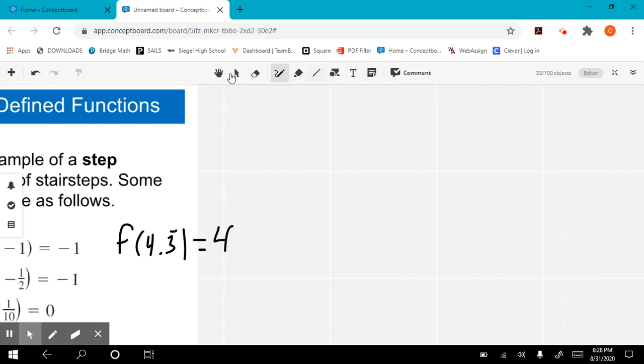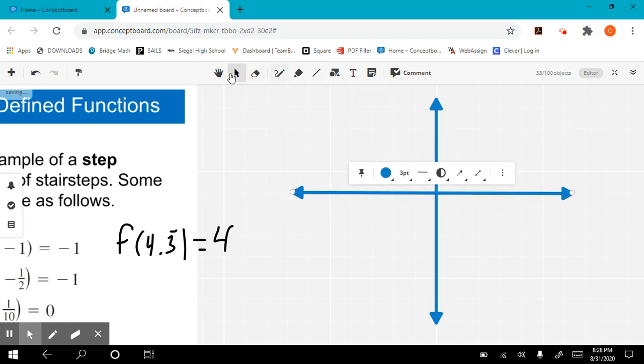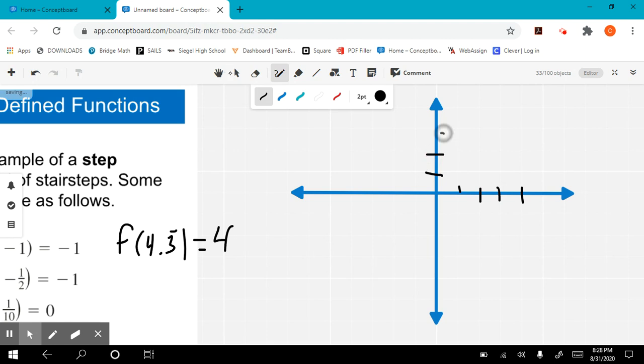If I were to have, let me see if I can draw a graph real quick. All right, so if we have 1, 2, 3, 4, 1, 2, 3, 4, the way it looks is if I have the x value of 1, that means y is 1.